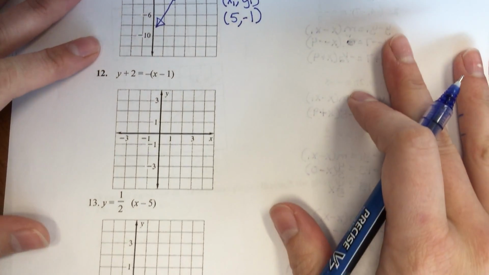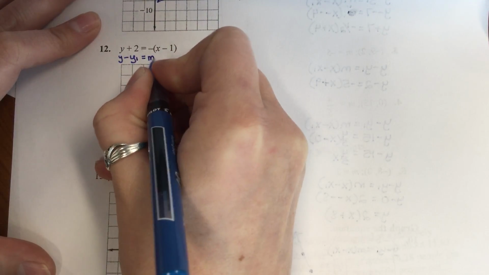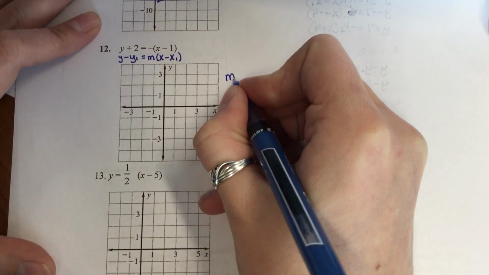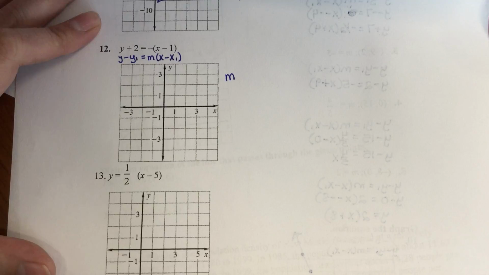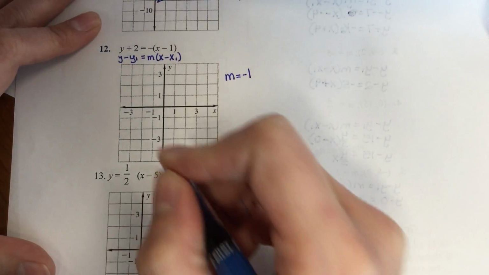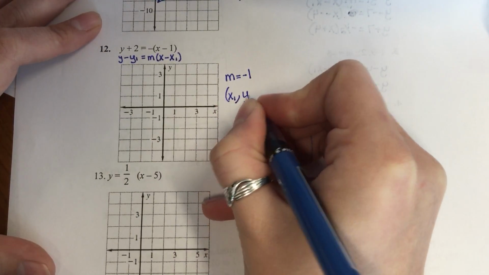This next one looks tricky, but it's not. Y minus y1 equals m times x minus x1. M. That's the tricky part. Okay, there's an invisible number. That invisible number is negative 1. Okay, x1, y1.